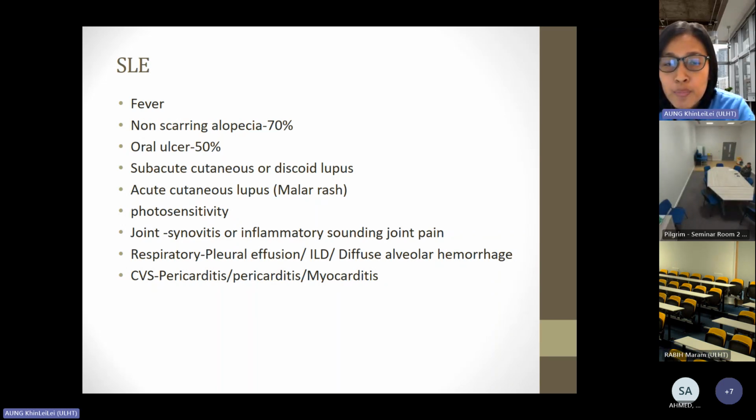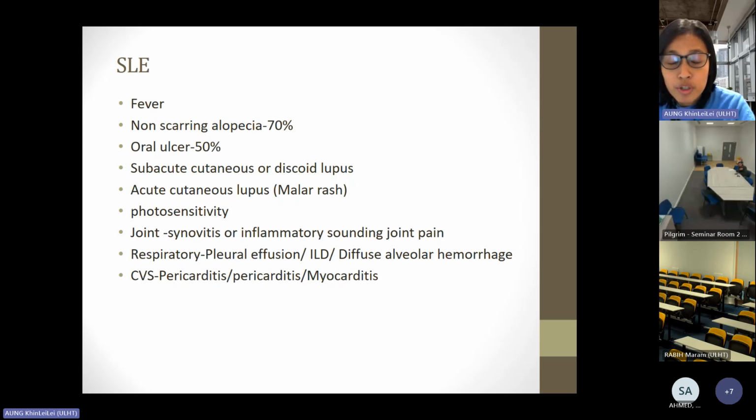They can present with non-scarring alopecia, which is very common in daily practice, usually seen in 70% of patients. Oral ulcers are usually painless. They can be in the oral cavity, especially at the hard palate, and sometimes nasopharyngeal as well. They are seen in 50% of lupus patients.